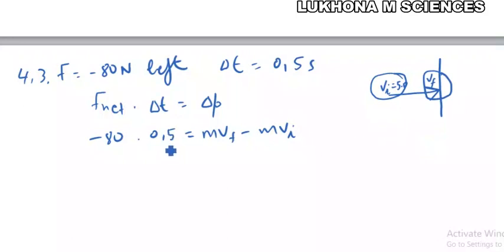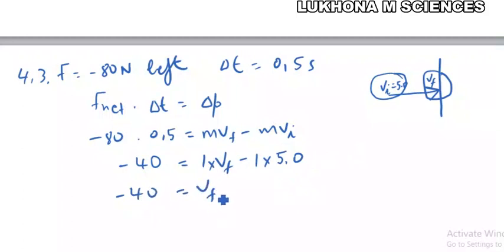So 80 times 0.5 is negative 40 in our case. Then A is 1 mass times the final velocity, which is the velocity of A when it moves away from the wall, minus the mass of A, which is 1, times the initial velocity, which is 5. So we have negative 40 equals 1 times Vfa minus 1 times 5.